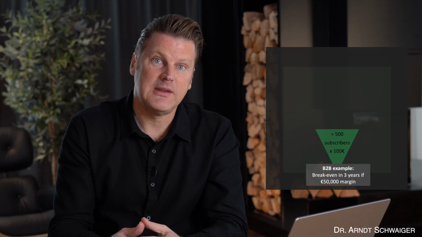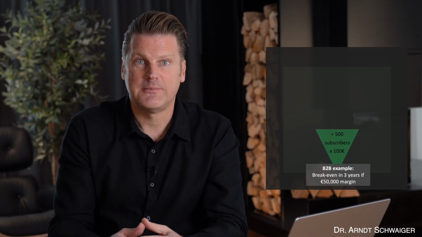Now we calculate backwards. To get 50,000 euros margin per month, the money has to come from the active company subscribers. You might remember that the margin per subscriber was 100 euros per month. So to achieve 50,000 margin, you need 500 companies subscribed within your subscription model.